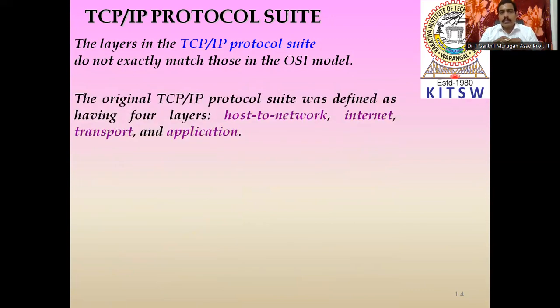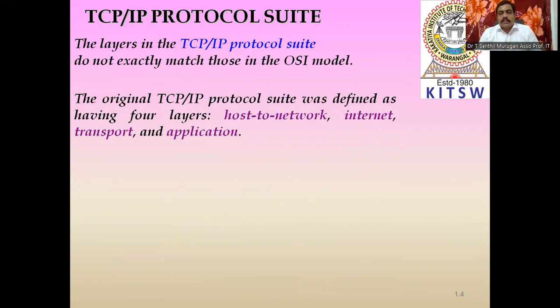What are the layers? Host to network layer: the physical layer, data link layer, and network layer are combined and given the name host to network layer. Then the network layer is considered the internet layer, and the transport layer is the usual transport layer. And the top 3 layers, session, presentation, and application layers, are combined and given the name application layer.